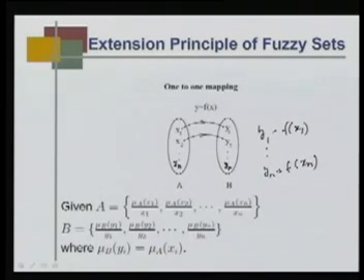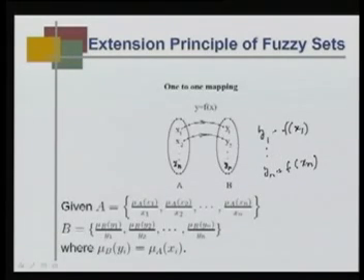How? Now, these y1, y2, yn are f(x1) until f(xn). We know what x1, x2 until xn are, so we know y1 up to yn.